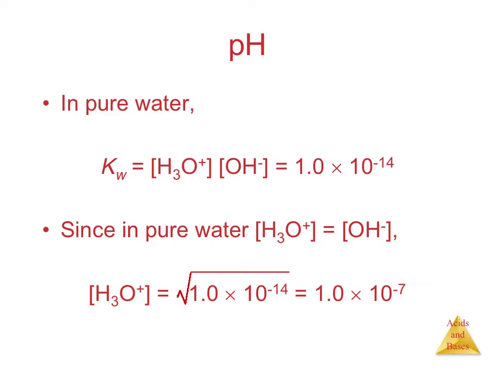So again, let's go back to this Kw for a second. It has a specific value, 1.0 times 10 to the minus 14th. And I'm going to form equal amounts of H3O plus and OH minus when water autoionizes. So because in pure water these two concentrations are equal to each other, my acid concentration is going to be the square root of that Kw, or 1.0 times 10 to the minus 7 molar in concentration.